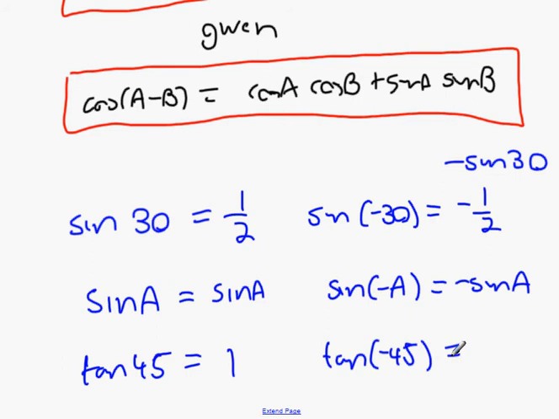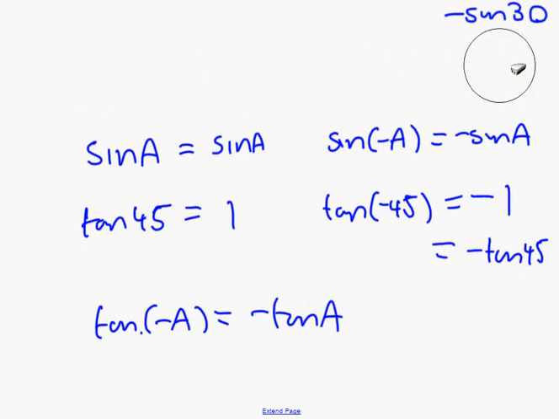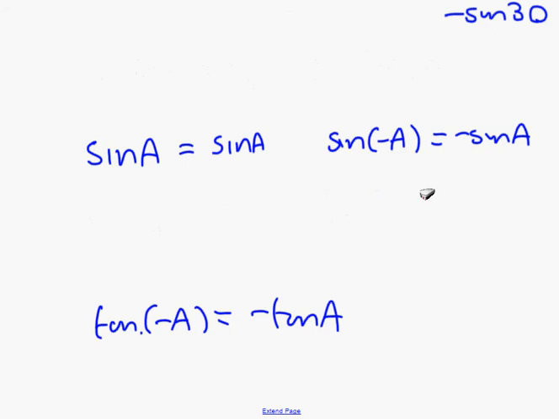Minus 1 is the same thing as minus tan 45. So by generalizing, I can now say that tan of minus A equals minus tan A. We've proved these two parts just by playing around with the calculator.